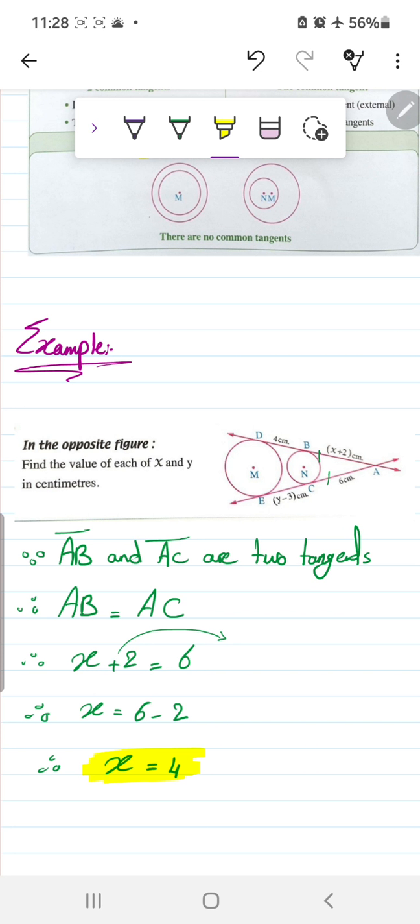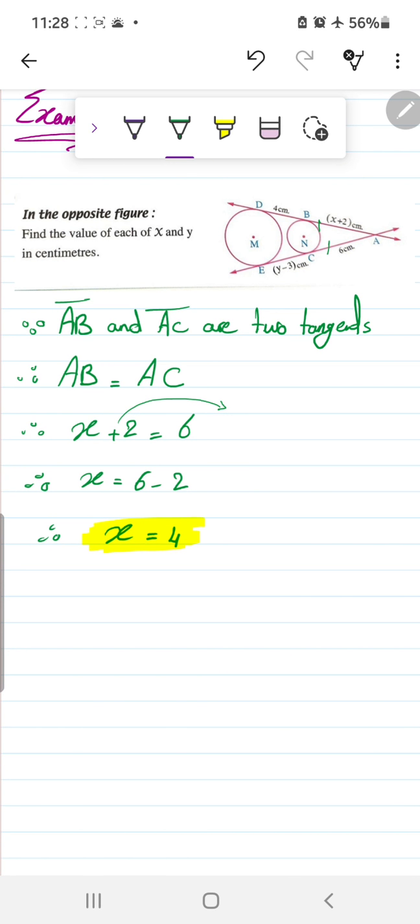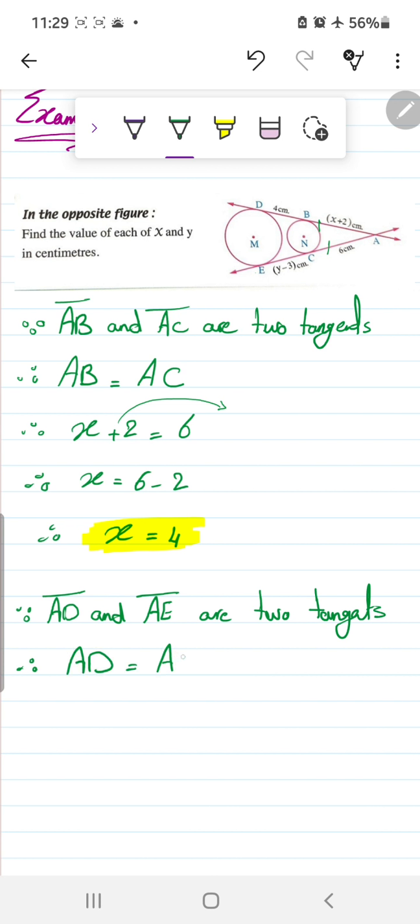We want to get the value of y. Similarly, we have AD and AE tangent to circle M. So since AD and AE are 2 tangents, what do you notice here? We get AD equals AE. By substitution, AD here equals x plus 2 plus 4, all of this is AD.